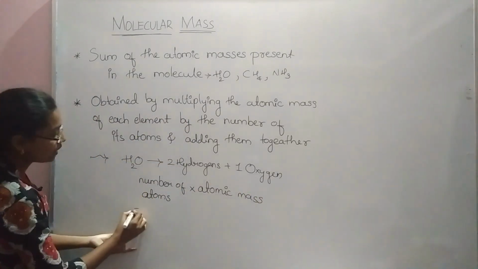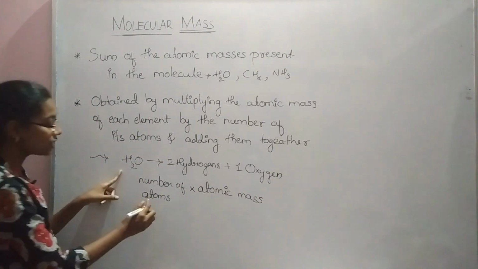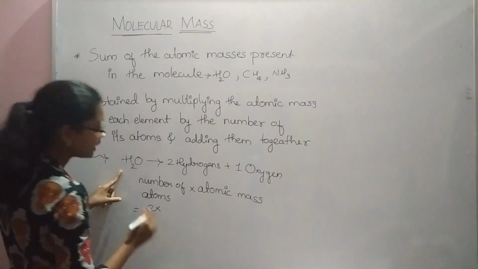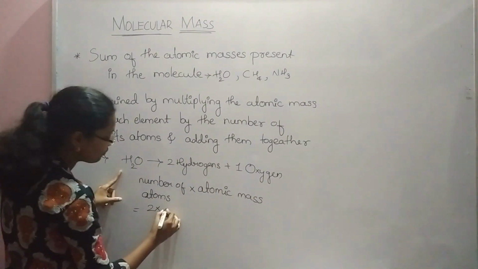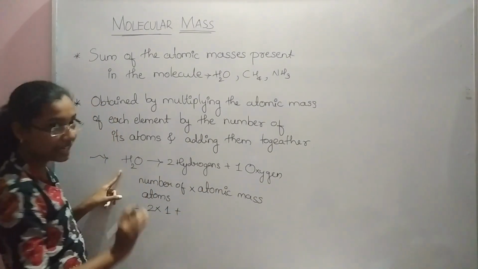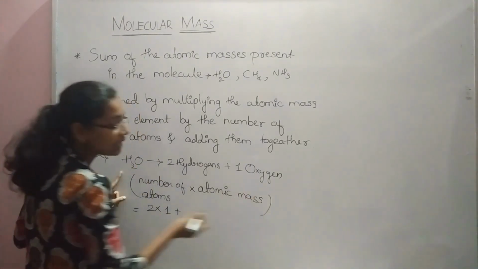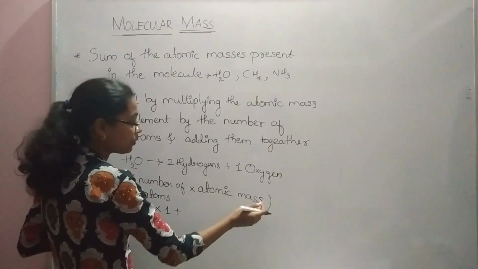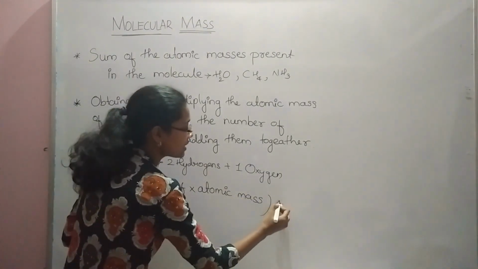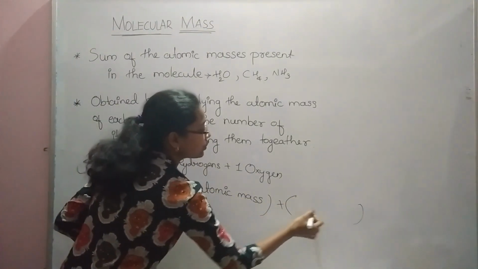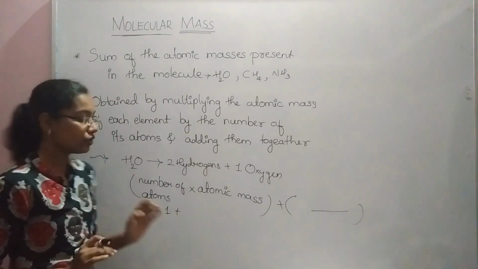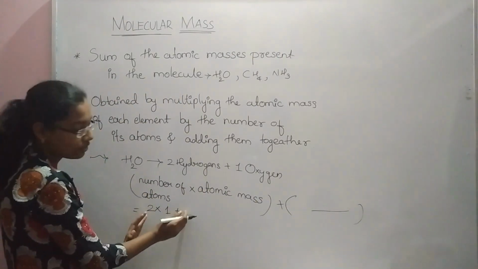Here the number of hydrogen atoms is 2 and the atomic mass of hydrogen is 1, which is added to the oxygen. Okay, this is for one element. Next, this is added to the other element. This is about hydrogen.